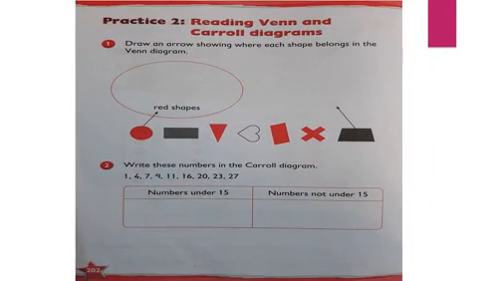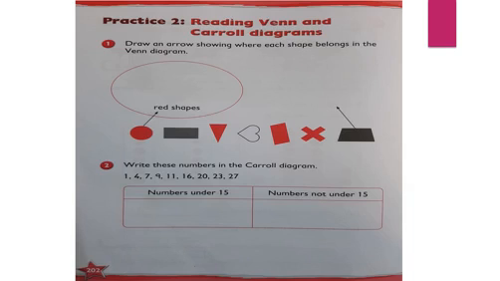This time I want you to open your math workbook on page 202. You have to draw an arrow showing where each shape belongs in the Venn diagram. Observe that the Venn diagram wants to group the red shapes, and you have to place outside the circle or line the non-red shapes. You just have to put some arrows.